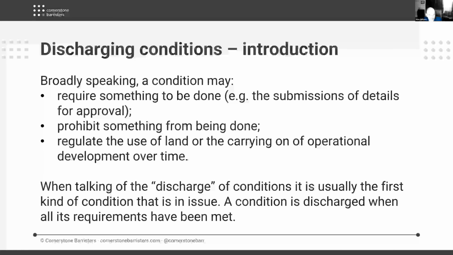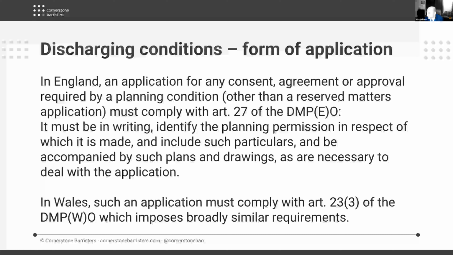And when we're talking about discharging conditions, as we were discussing with topic 1, we're usually concerned with the first kind of condition, a condition that requires a positive step or steps to be taken by the developer. And the condition can be said to be discharged when those steps and the condition's requirements have been met. Now, as with applications for reserved matters, there are formal requirements attaching to applications to discharge conditions.